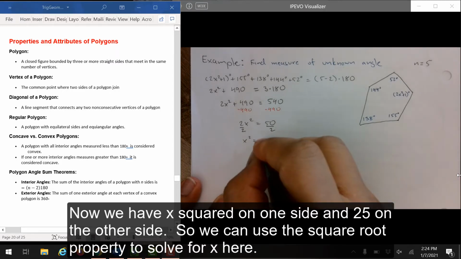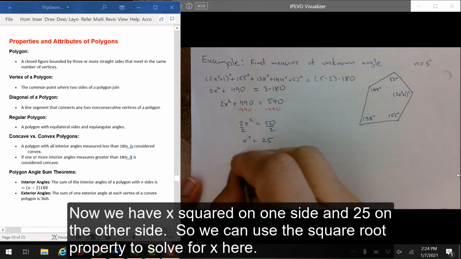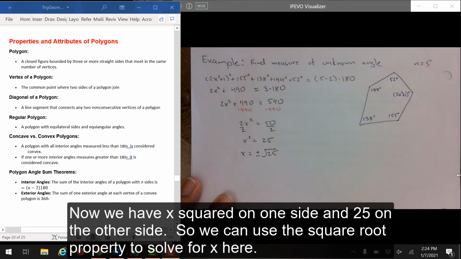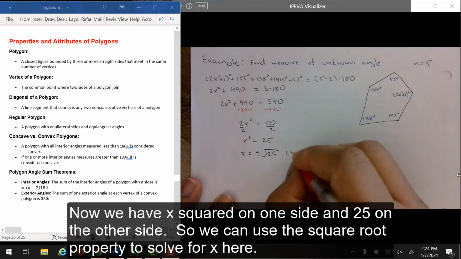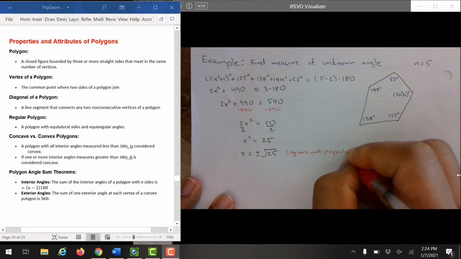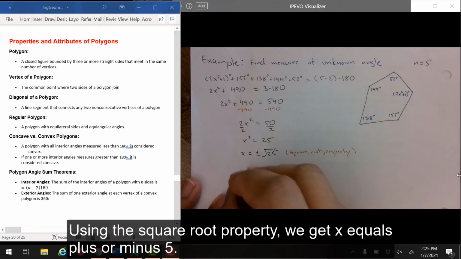Now we have x squared on one side and 25 on the other side. So we can use the square root property to solve for x here. Using the square root property, we get x equals plus or minus 5.